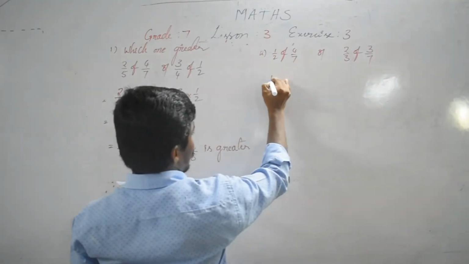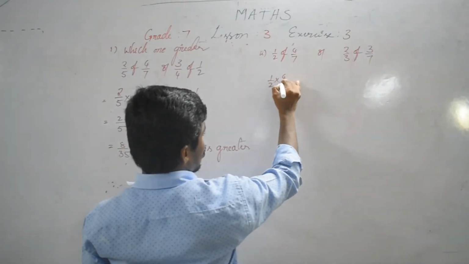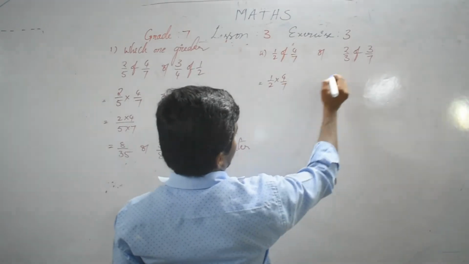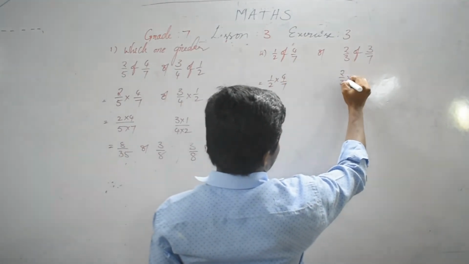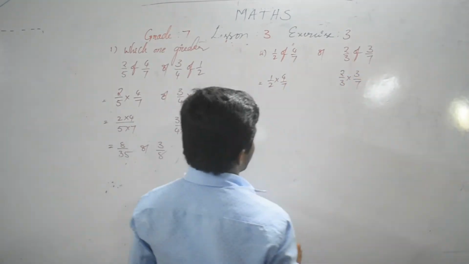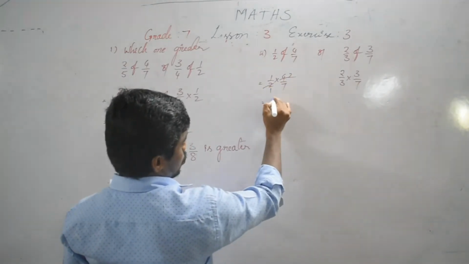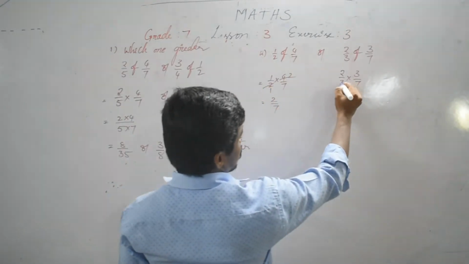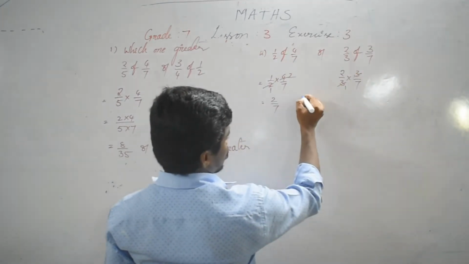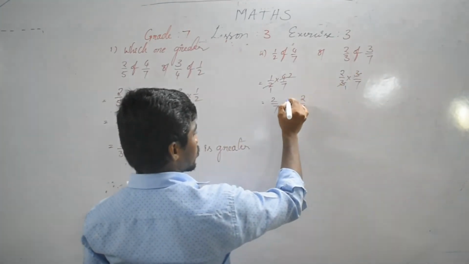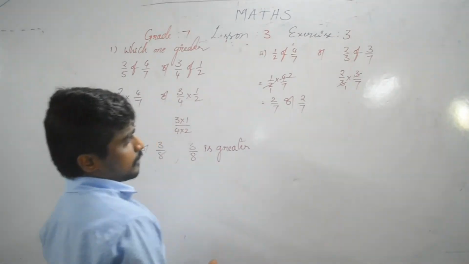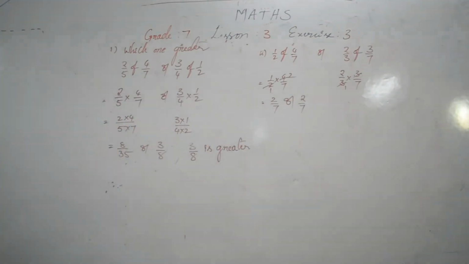So here 1 by 2 cross out 4 by 7, 2 by 3 cross out 3 by 7. 2 1s are 2, 2 2s are 4, so 2 by 7. 3 1s are 3, 3 3s are 9, 2 by 7. Both are equal. Both are equal fractions.